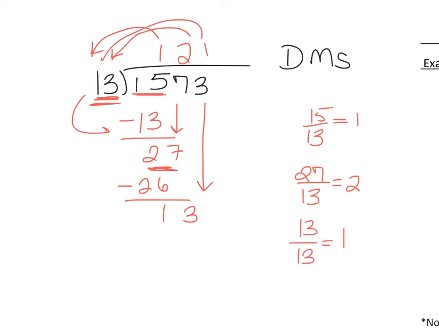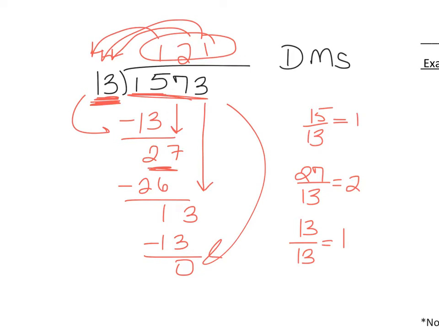Multiply here. 1 times 13 is 13. Subtract, and you get 0. And that would tell you that 121 is your quotient of 1,573 divided by 13, which means 13 is a factor of this because there is a remainder of 0. Because we know that 1573 now factors into 13 times 121.